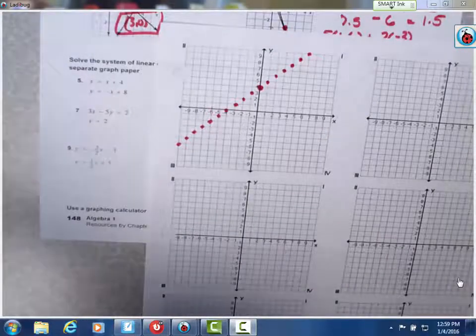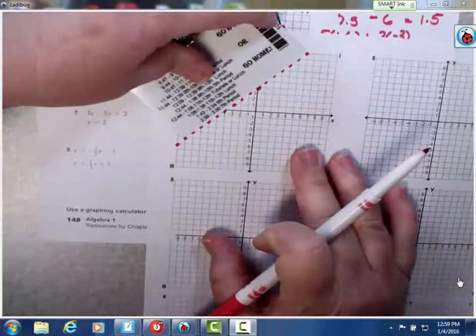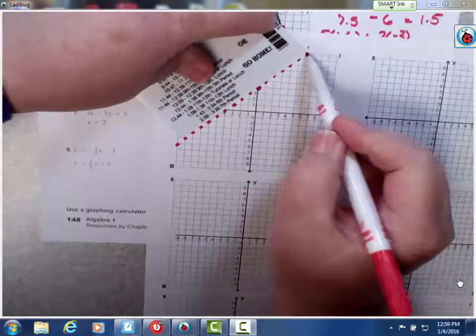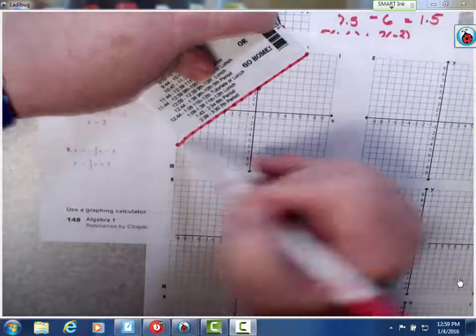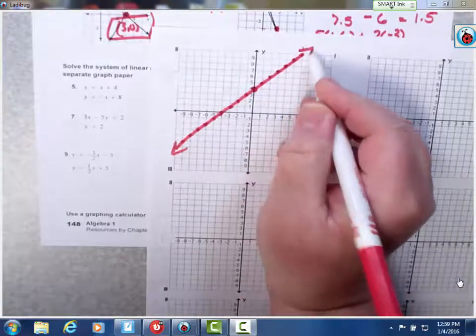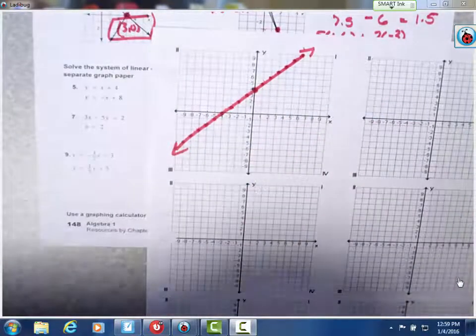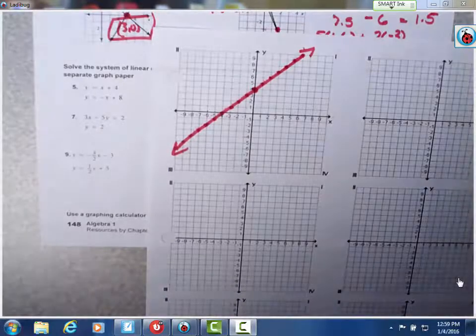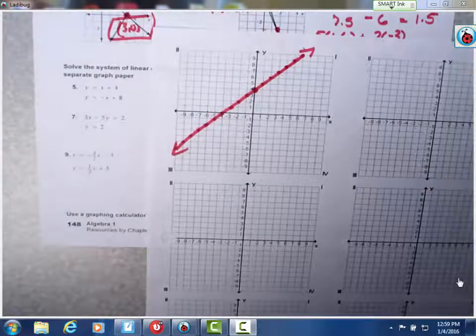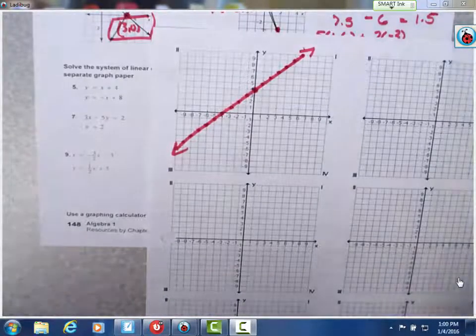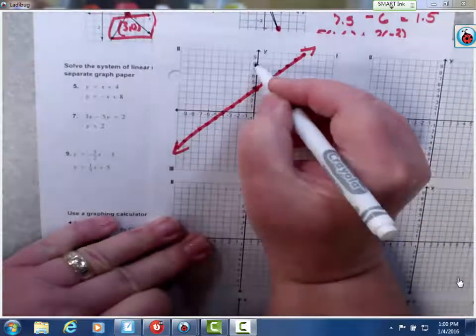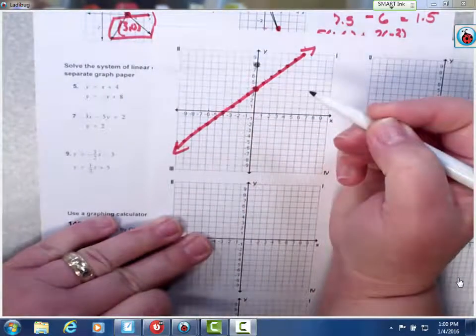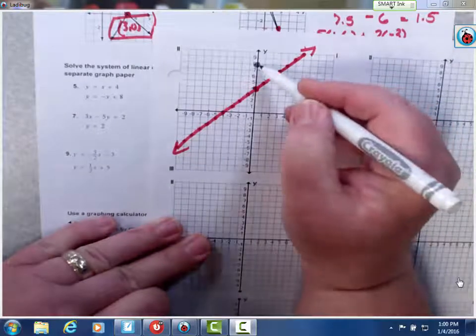Straight edge out. Now y equals negative x plus 8. So we go up to positive 8 for our point, and then negative x means a slope of negative 1.